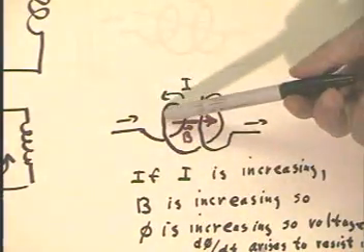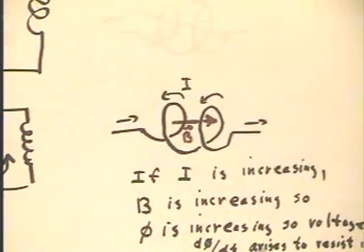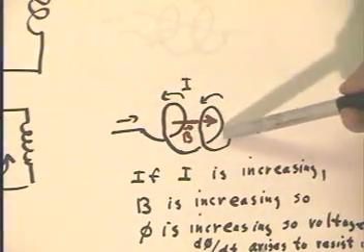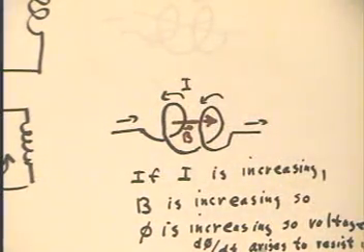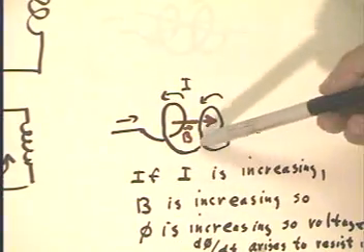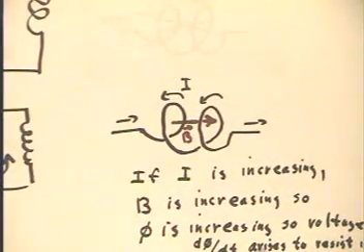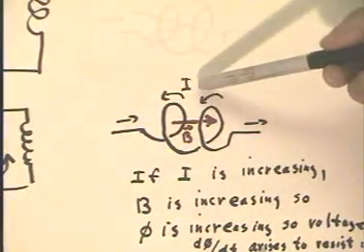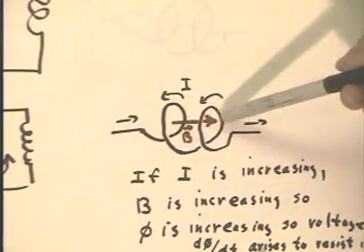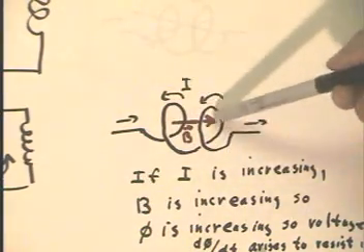Once there's a magnetic field here, then there's a flux through these coils. So we have a changing flux through the coil. As the current I builds, the magnetic field builds, and the flux in the coil builds.